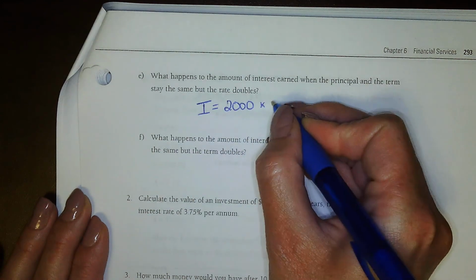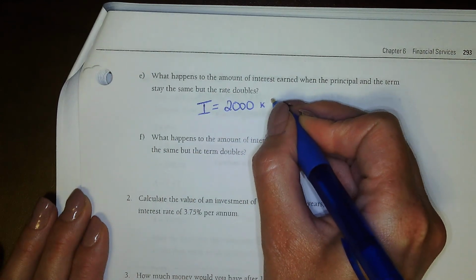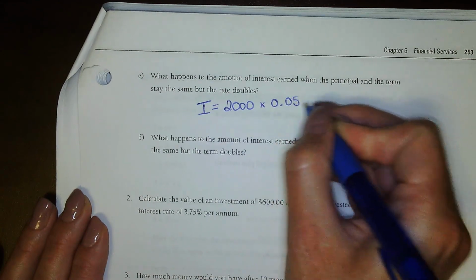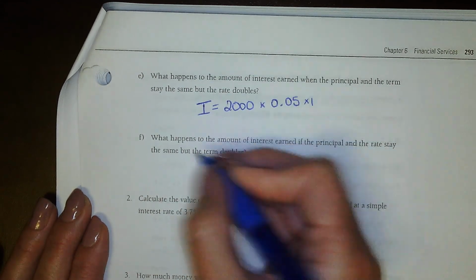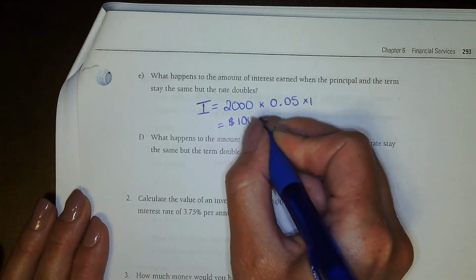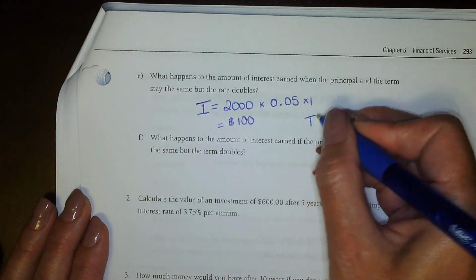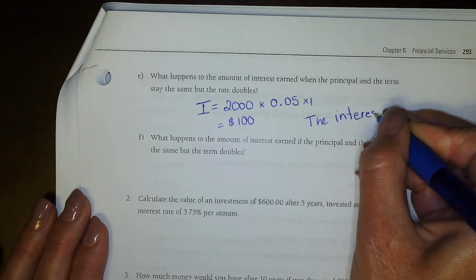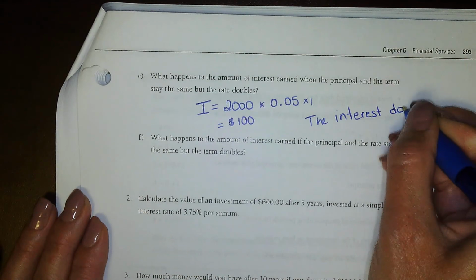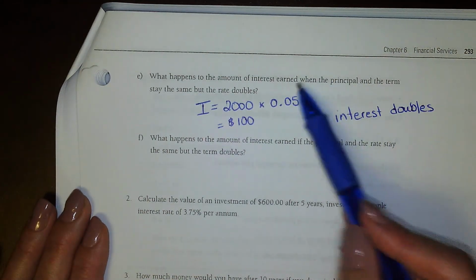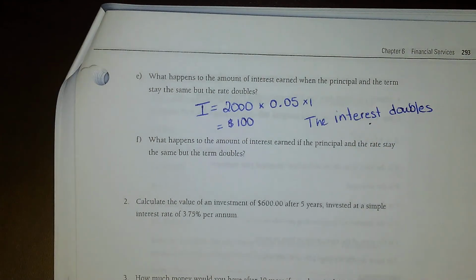So instead of my rate being 2.5%, I'm going to make it 5%. So doubling that amount times the 1. Well, now it's going to be $100. So the interest will double. So you double the interest rate, meaning that your interest in the end is going to double.